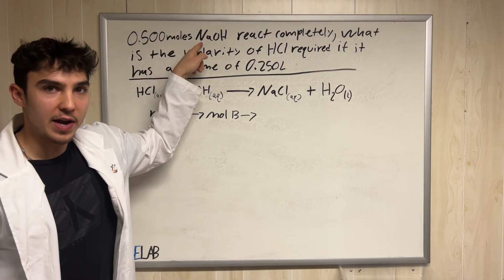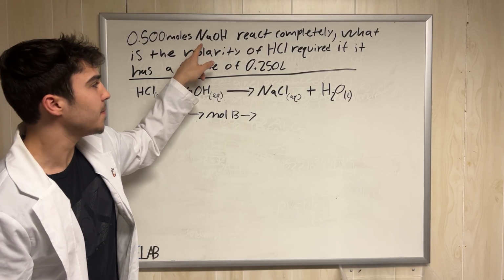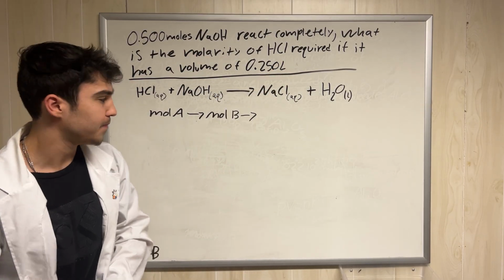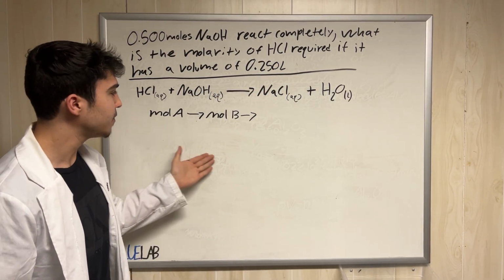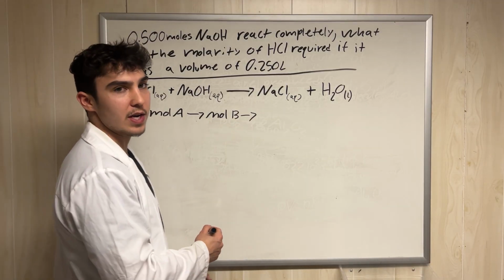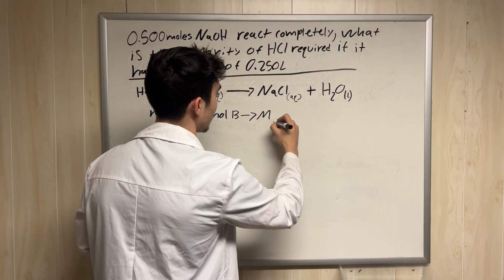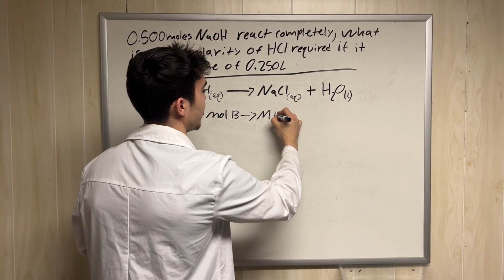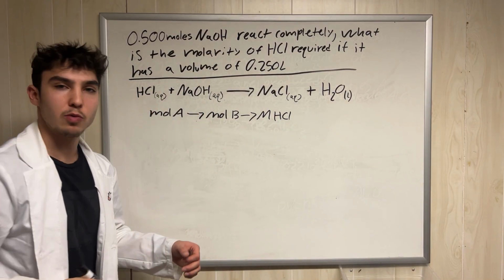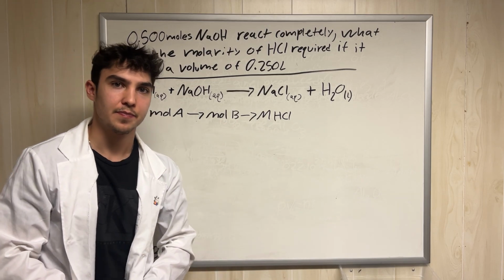We're given NaOH, so this is going to represent our A, and HCl is going to represent our B. So we convert from our moles of A to our moles of B to our molarity of HCl, of B. I'm just going to represent that by a capital M.